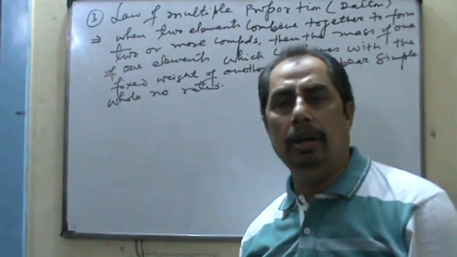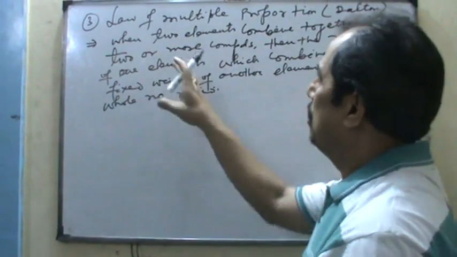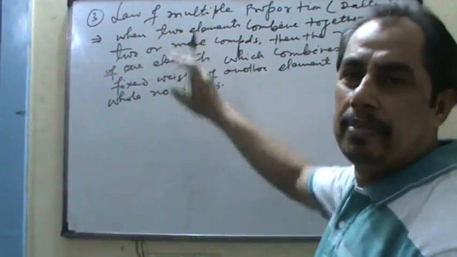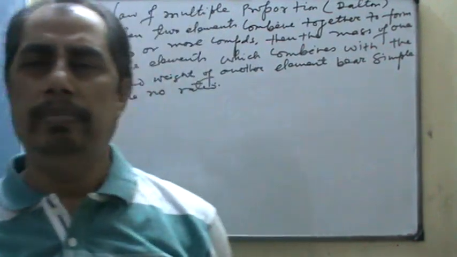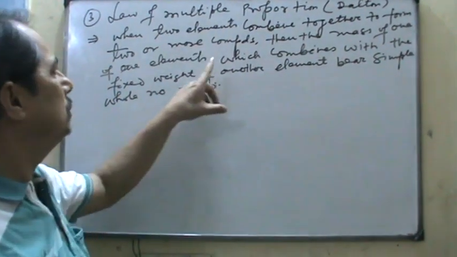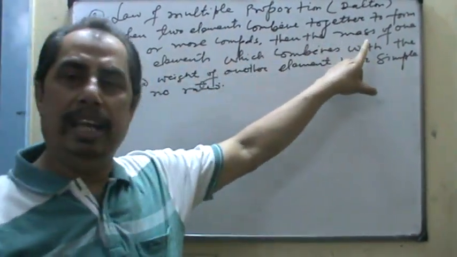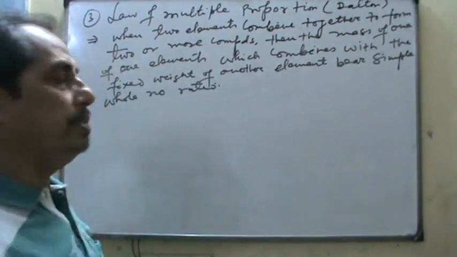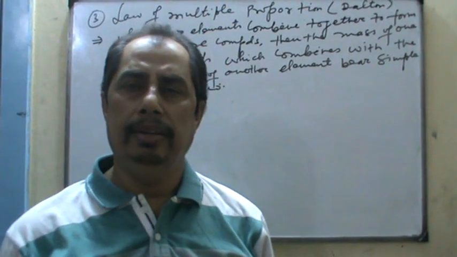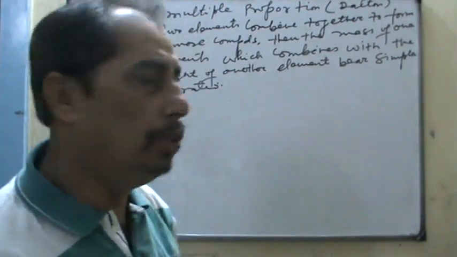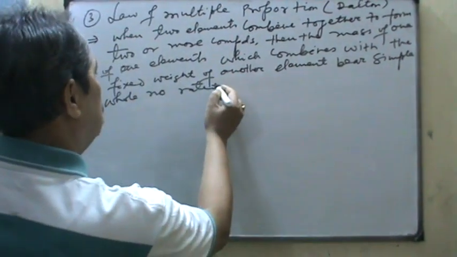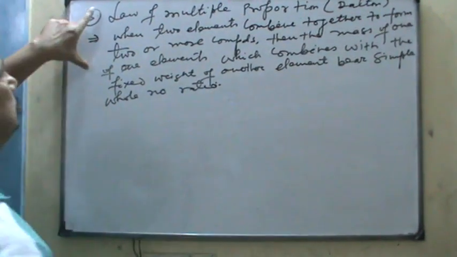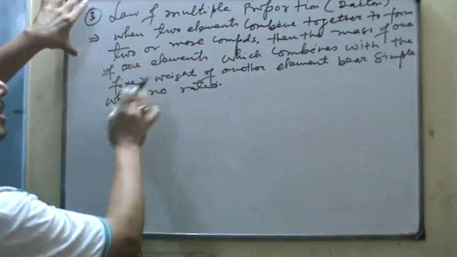First, go through this law: when two elements combine together to form two or more compounds, then the mass of one of the elements which combines with the fixed mass of the other bears a simple ratio. Is it clear to everyone?